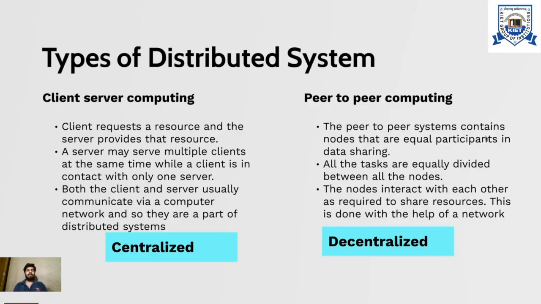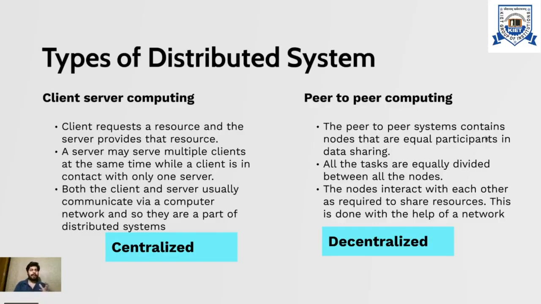This is a type of centralized situation where there is a master and there is a client, and the client is requesting something from the server or master, and based on the request, first they have to grant access to the resource and then they will provide that resource, right? So this is the system of client-server computing.